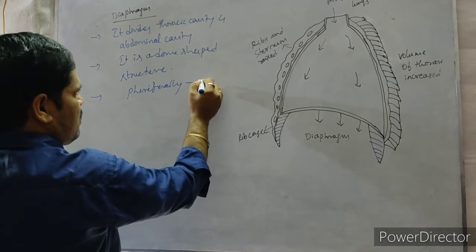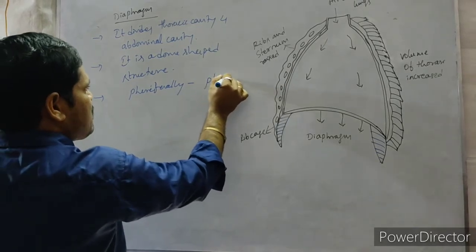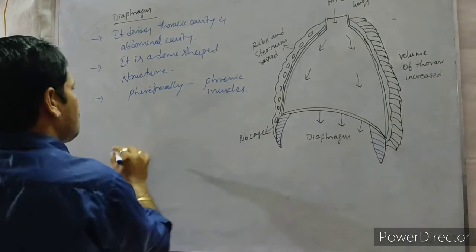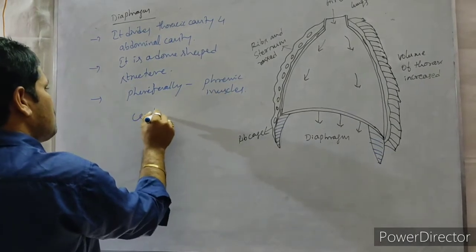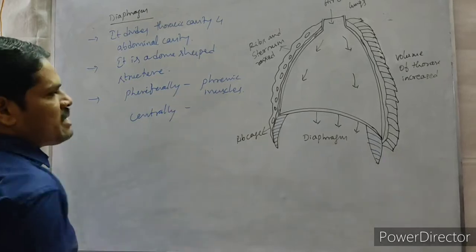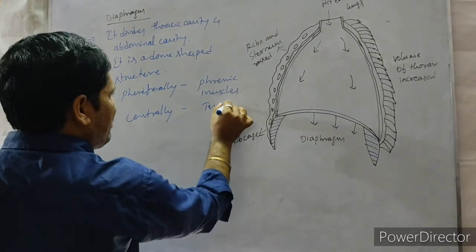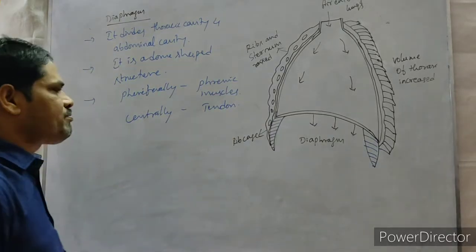Centrally, if you see, what muscles are there? Tendon. Tendon muscles are present.